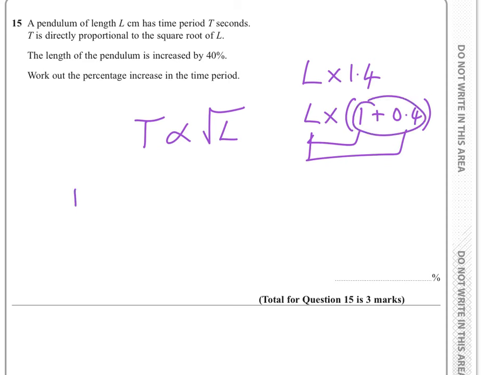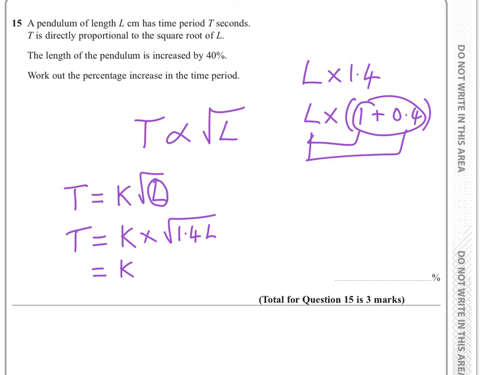So I reckon that we would write something like t equals k root L for some value of k, and if L increases by 40%, then I would write k times the square root of 1.4 L, and that's the same as having k times the square root of 1.4 times the square root of L. Let's ignore this little bit here.